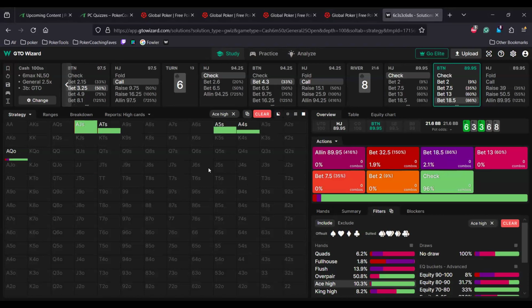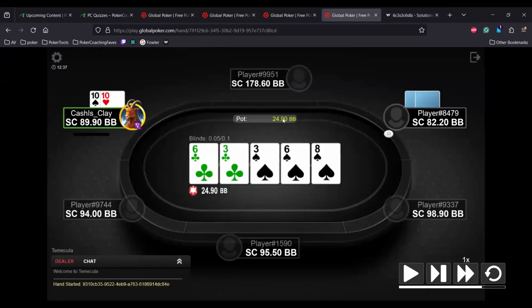But I think we're indifferent essentially, and I chose to call, for pretty much the same reason Scotty mentioned, because we've got the block on the nuts, which he is claiming at this point, right? He's claiming he's got some kind of backdoor flush with this sizing, or a full house. Right, a 6 or a 3. Yeah. So, all right, I'm gonna hand it back, guys. What did he have? Oh, sorry.